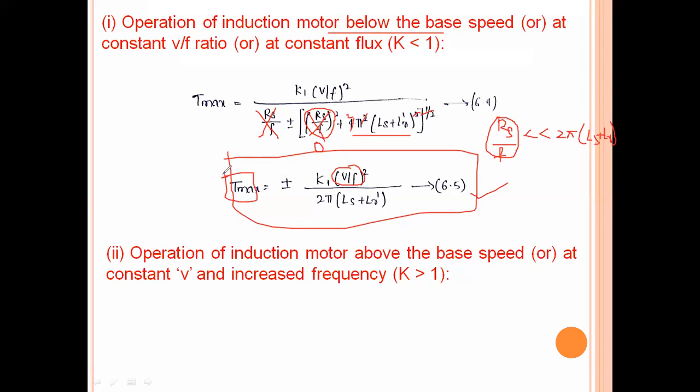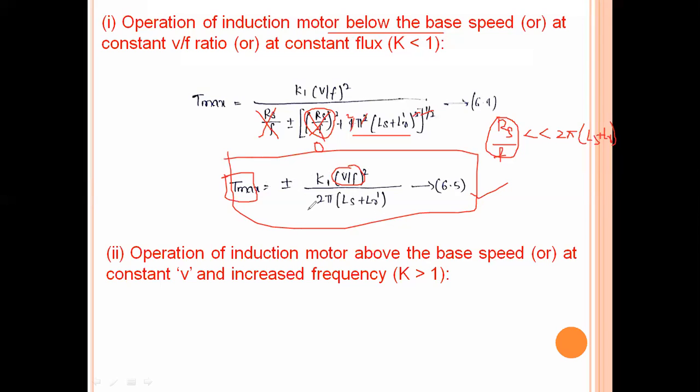Therefore, the motor operates in constant torque mode when it is required that the same maximum torque is retained or achievable at lower speeds also. See here, this maximum torque equation is independent of speed. There is no speed term here.